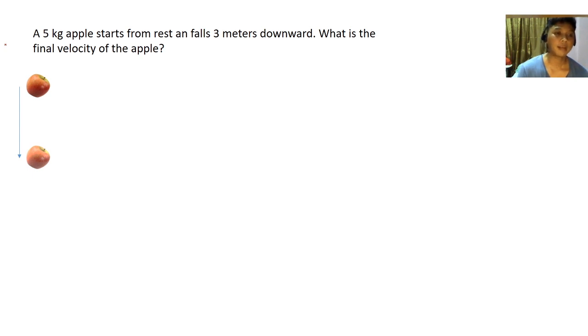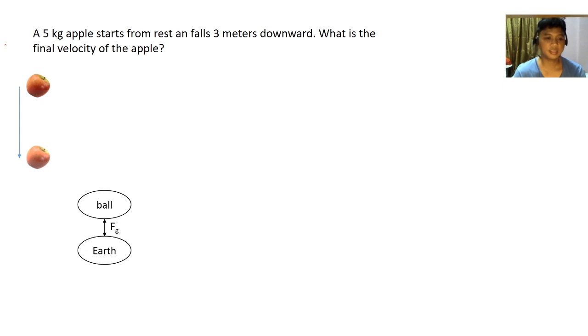A 5-kilogram apple starts from rest and falls 3 meters downwards. What is the final velocity of the apple? You can actually solve this using kinematic equations, free fall kinematics, but we're going to do this right now with energy. So this is the system schema of the problem.